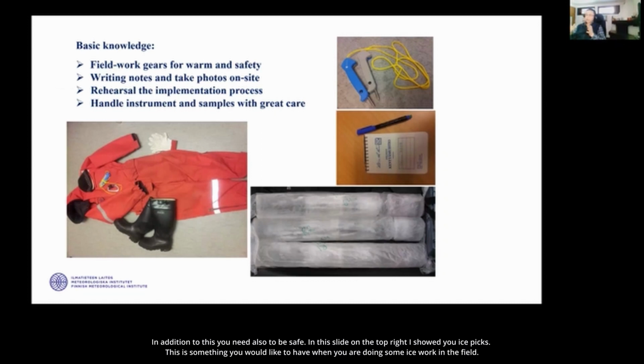In addition to this, you also need to be safe. On the top right of this slide, I showed you ice picks. This is something you would like to have when you're doing ice work in the field. I'm happy to have one example of these tools in my hand here.